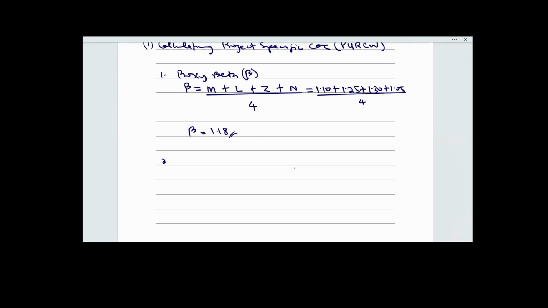In step number 2, we need to ungear. You will only ungear if the beta of the proxy company is geared. I don't need to write down my formula or anything in step 2 yet. I need to first go to the question and check whether the equity beta given to us is geared or ungeared.